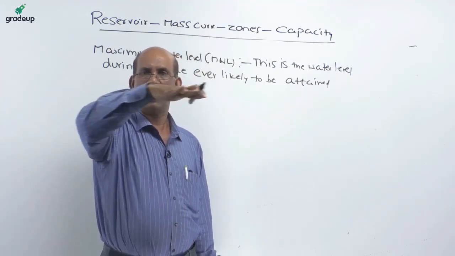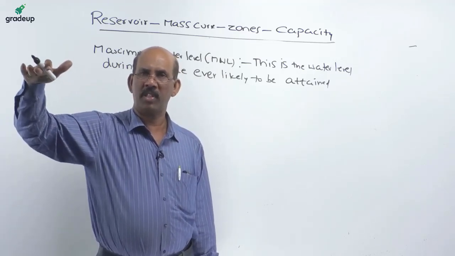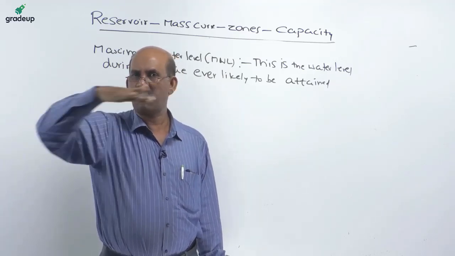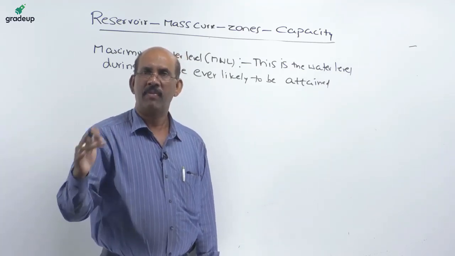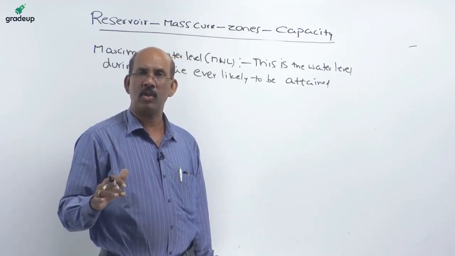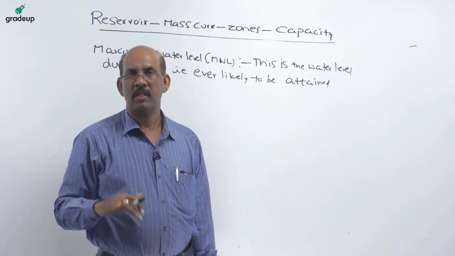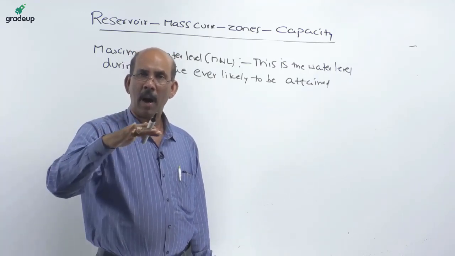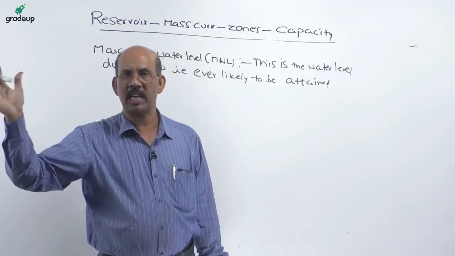That means the water level during the design period of the structure will never cross beyond this one, even the highest flood. During the flood season also, the water level should not go beyond this particular level. That means up to a particular level, once the water reaches, we lift the gates and release.